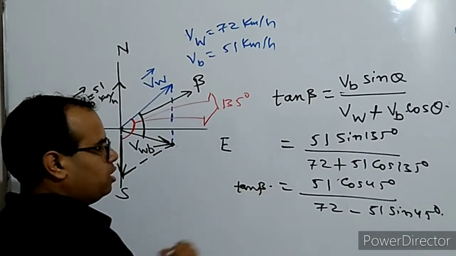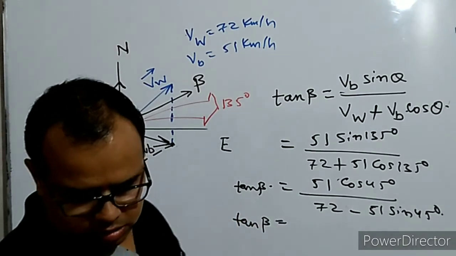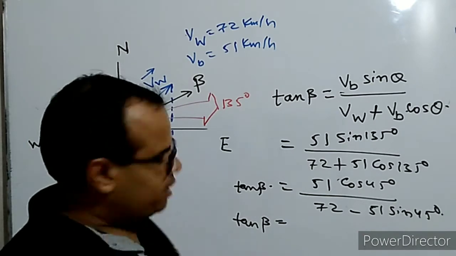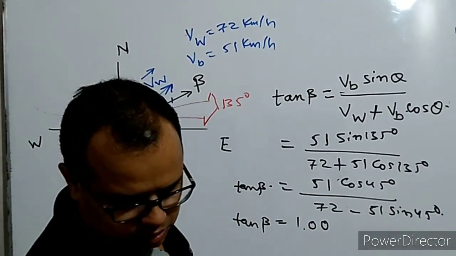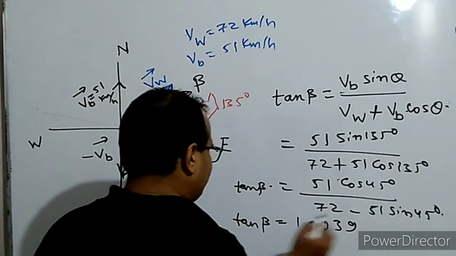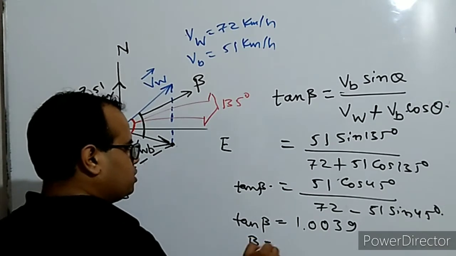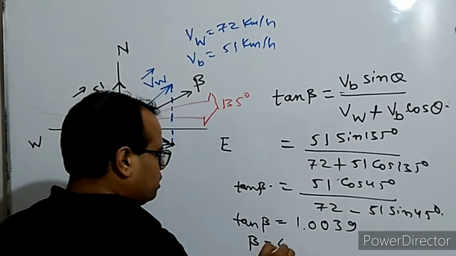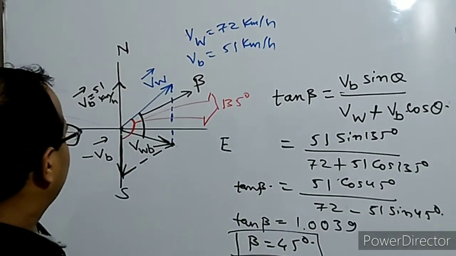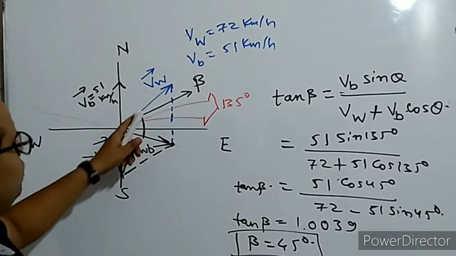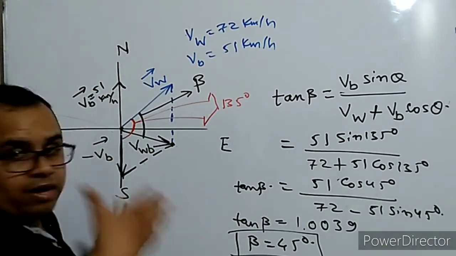What you will do is find tan beta, and if you solve these two values, you will get 1.0039, which is almost equal to 1. And you know that tan is 1 at 45 degree, so the result is almost equal to 45 degree. So at an angle of 45 degree with this VW, the flag would flutter.